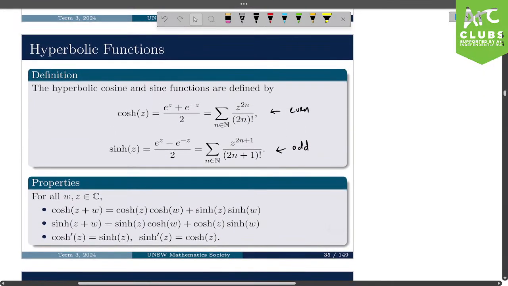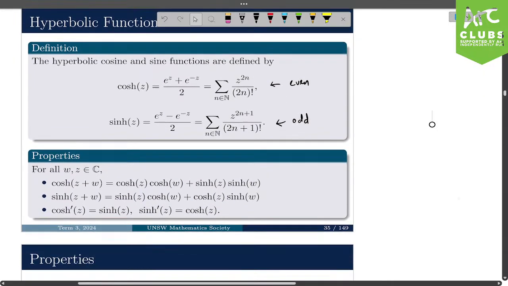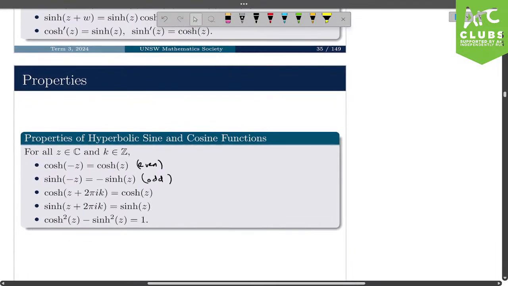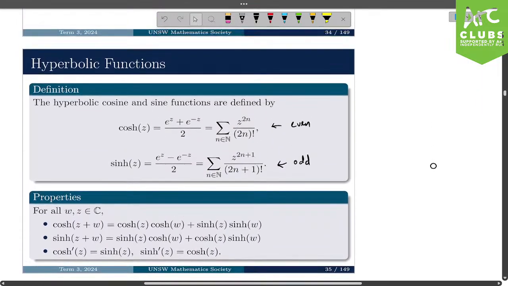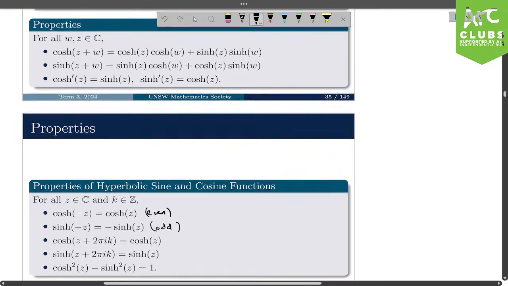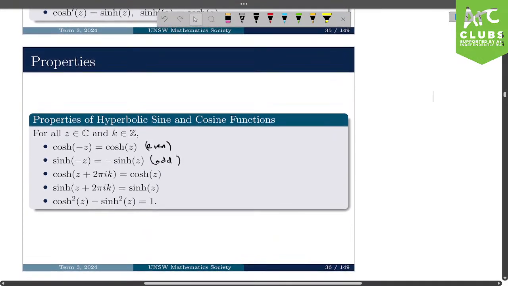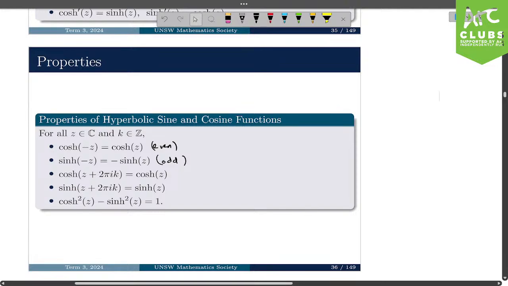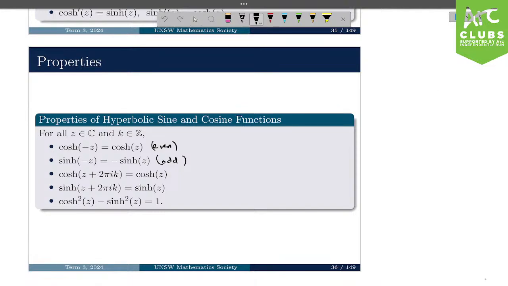Because e to the z is periodic with 2 pi I, that means that any function made of copies of e to the z is also going to be periodic with the same number. And we have this identity as well, that cosh squared minus sinh squared is equal to 1, right? Kind of similar to the Pythagorean identity for trigonometric functions.